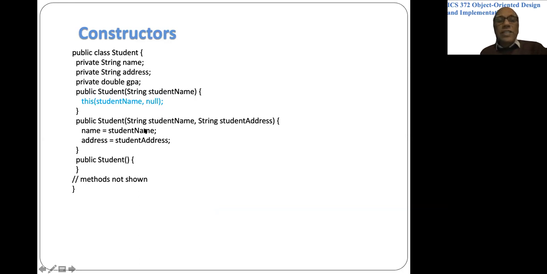And you can call the second constructor from the first by writing this and then putting the parameters in parentheses, so that you code only one constructor and then you can have it used from the others. This makes it a little easier for you to get a consistent behavior and also it helps with debugging because you need to fix only one thing. And if you fix this, everything else gets fixed too, more or less.